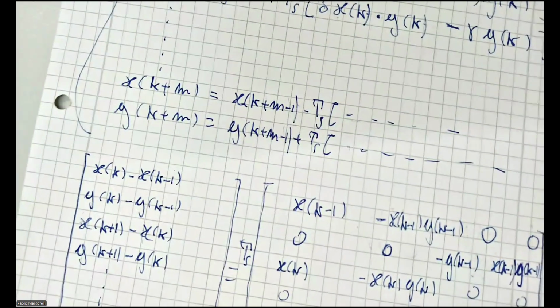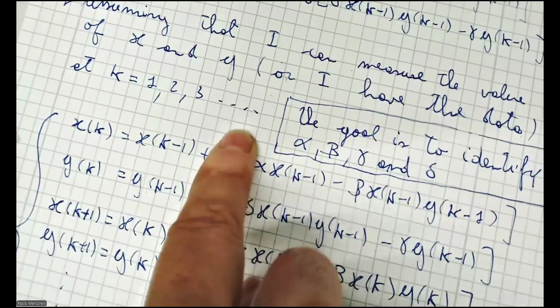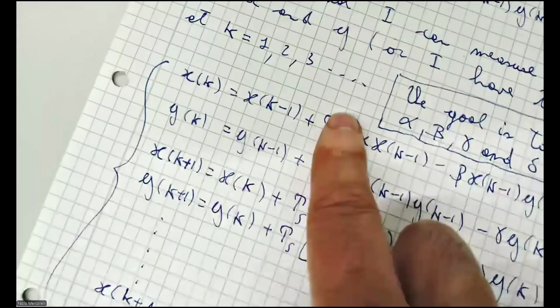Once I formalize it in a column, I can see what is on the right part as TS, which multiplies everything, because TS is a common parameter.